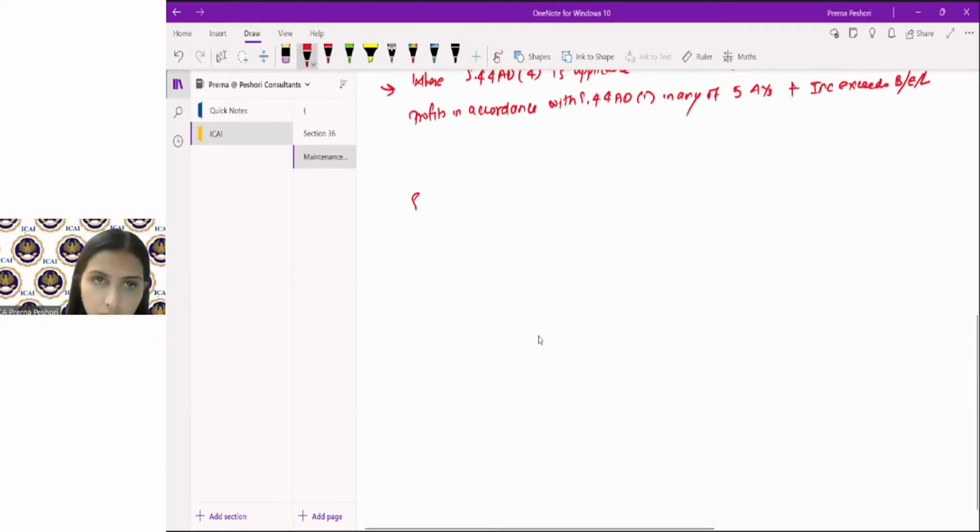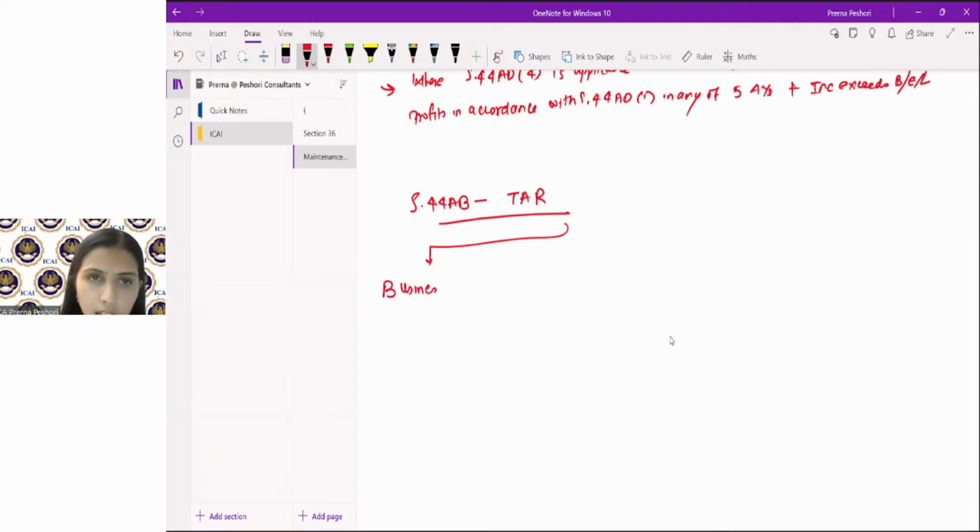Section 44AB, tax audit report. Clear? Now, for the 44AB, again, for the business, what are the limits?